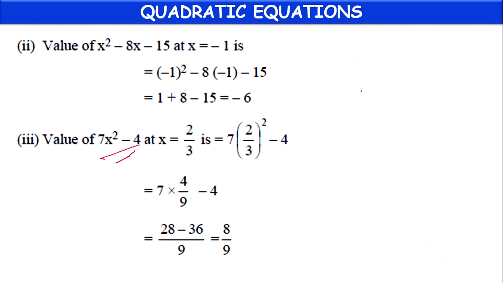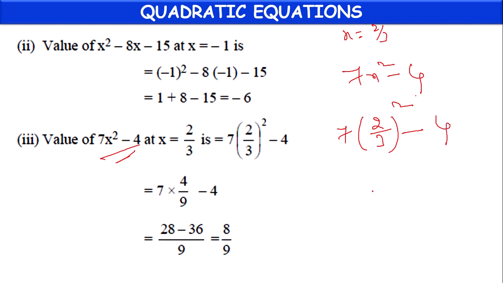Or we have to find the value of the polynomial 7x square minus 4 at x equals 2 by 3. 7 into, in the place of x, 2 by 3 whole square, minus 4. 2 square means 4, 3 square means 9, so 7 into 4 is 28 by 9, minus 4.